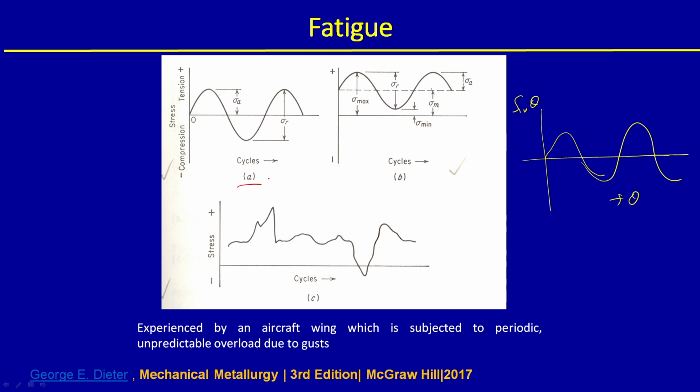That is what is shown in C. This is what is experienced by an aircraft wing when subjected to periodic unpredictable overload due to wind gust, and this is very common, by the way. So, modeling fatigue is not an easy task, you have to understand.